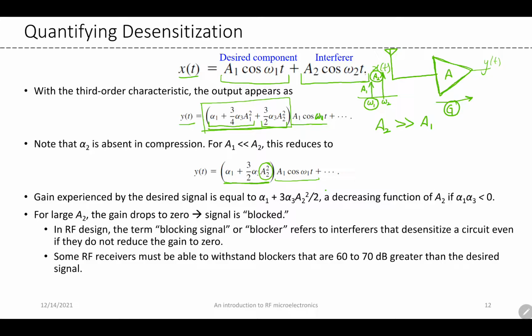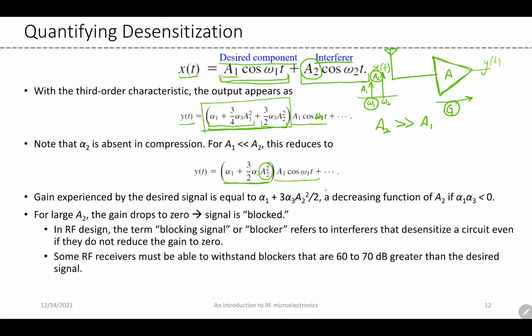But in this case, the desired signal has an amplitude which does not drive this amplifier into compression, but another signal, an interferer, drives this amplifier into compression by its amplitude or power, and as a result we are not able to get the desired gain for our desired signal.